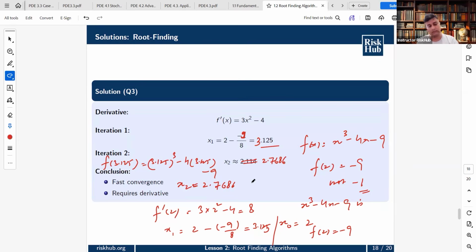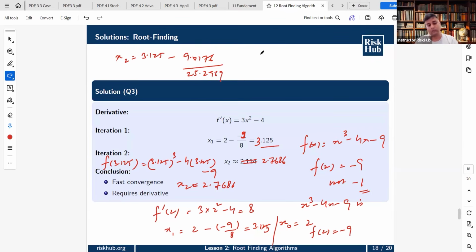And how did I get x2 to this one? Basically, x2 is equal to 3.125 minus 9.0176, divided by 25.2969. Now, how did I get that?